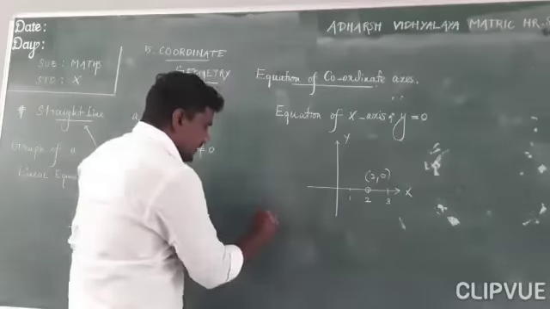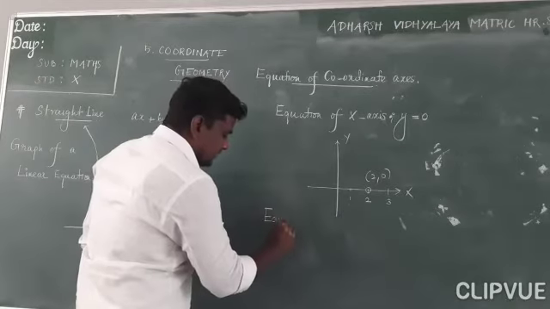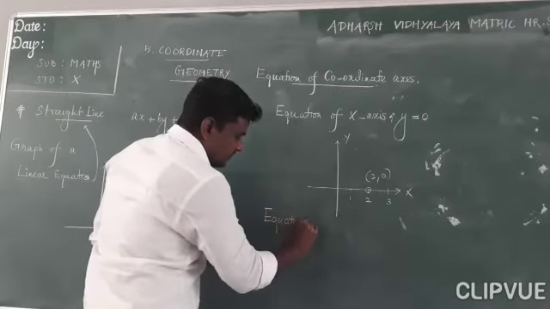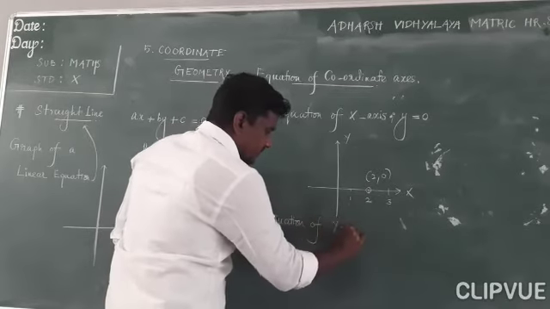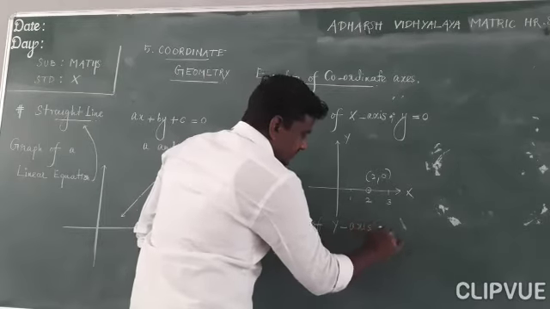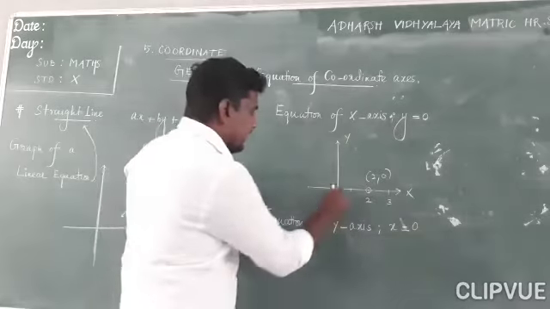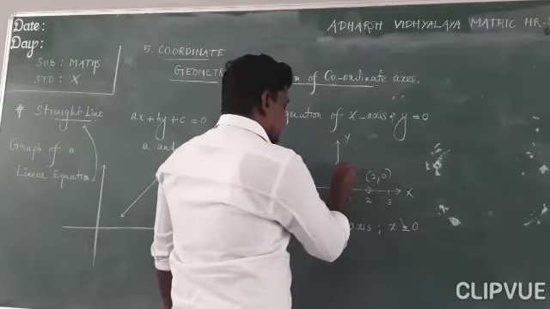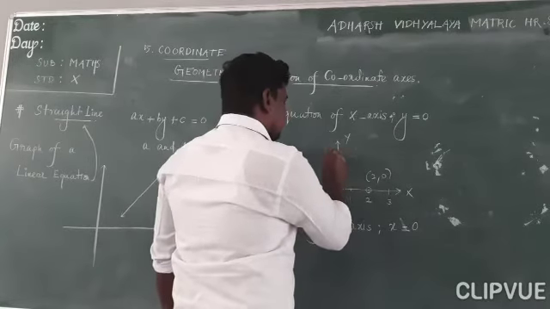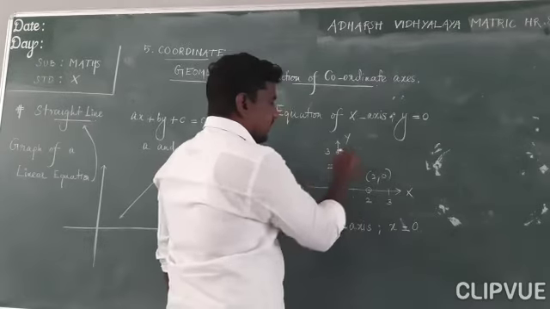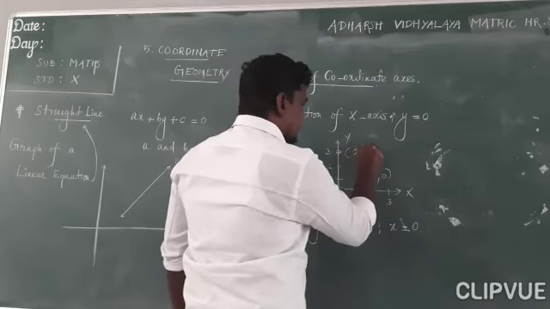At the same time, the equation of y axis is x is equal to 0. Okay, if you take this is 1, this is 2, 3. I'm going to take this point. Actually this point is 0, 3.